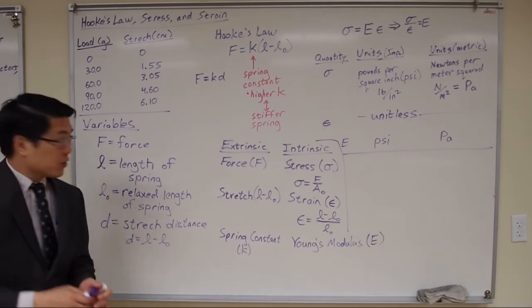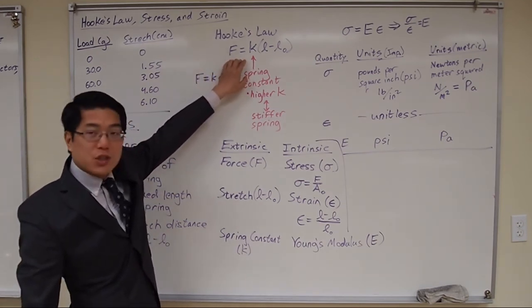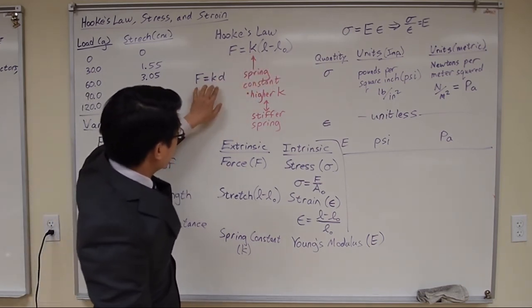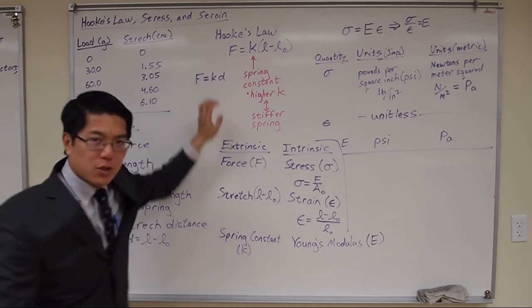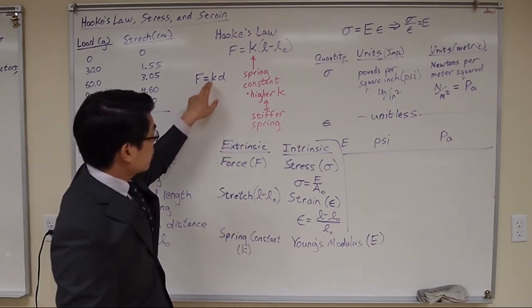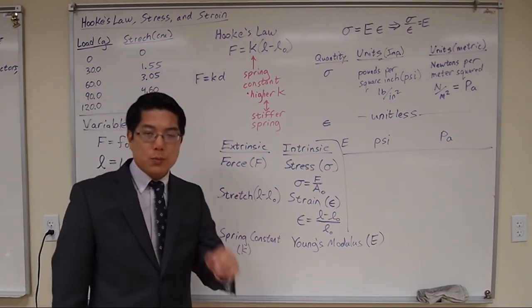Let's see if our original data is consistent with the macroscopic extrinsic version of Hooke's law. Well, what this tells us, and it's a little more apparent in this formulation, is that force and the distance that you stretch are proportional to each other, which should mean two things.